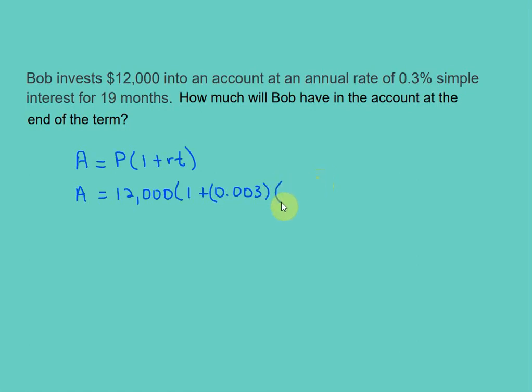So it's over a year, so it's 19 over 12. Anytime you're given a term in the number of months, put it over 12 because there are 12 months in a year. Now we can put this into our calculator.